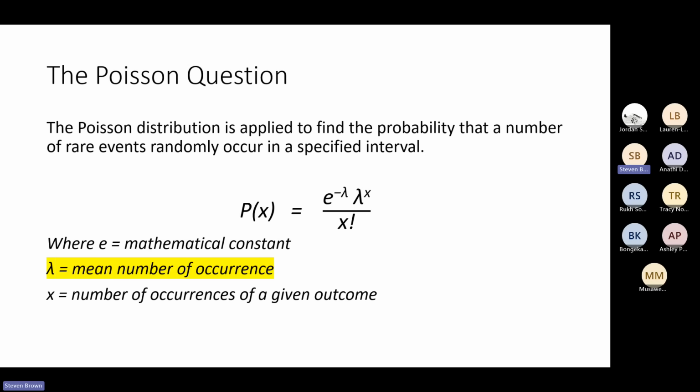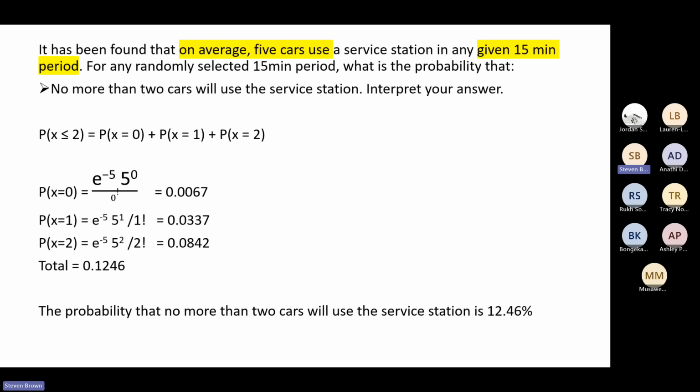And it's again the same type of question as your binomial. No more than 2 cars. Well, that, class, is 0 cars, 1 car, or 2 cars. So again, you're using the same process here as a binomial because these are discrete probability distributions. The calculation is entirely different, but the process in terms of the question is the same. So if they say no more than 2, ask yourself, can I have minus cars?